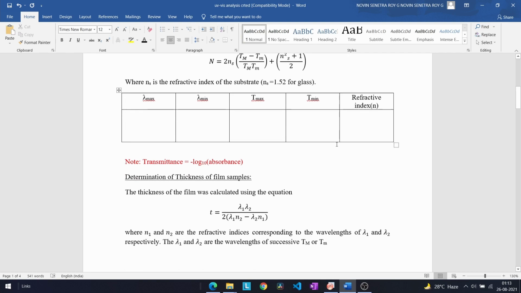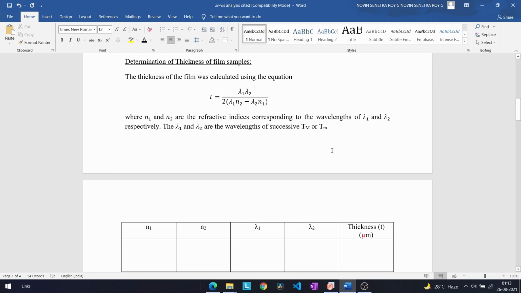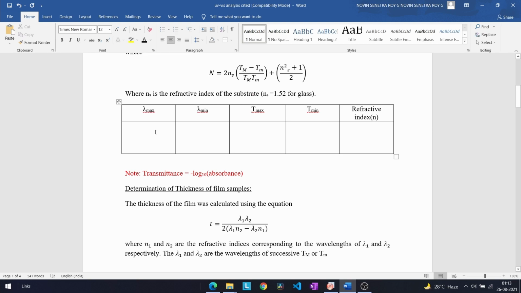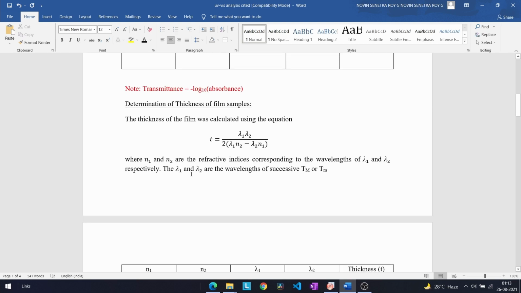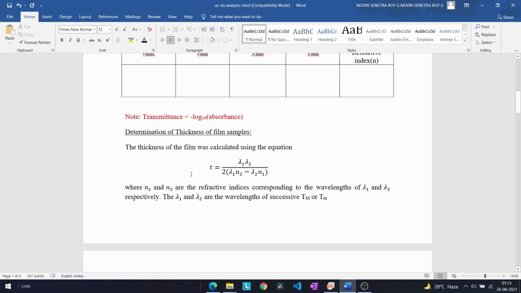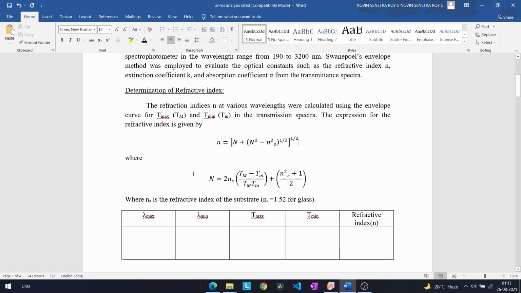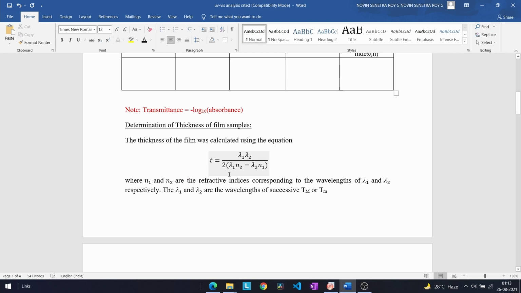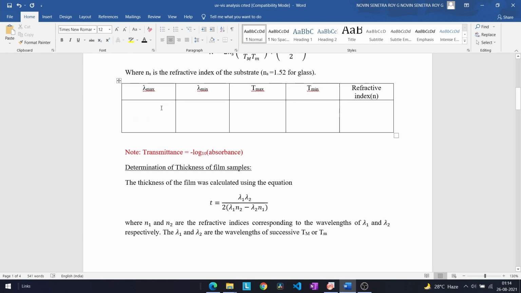Then coming down here, you can consider this lambda max as the value for the maximum, lambda 1. The successive lambda below it is going to be lambda 2, which is a minimum value.